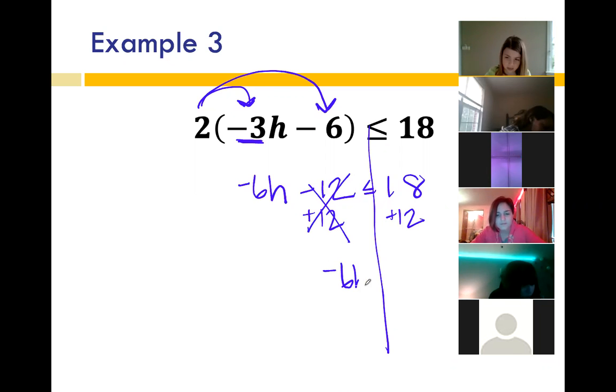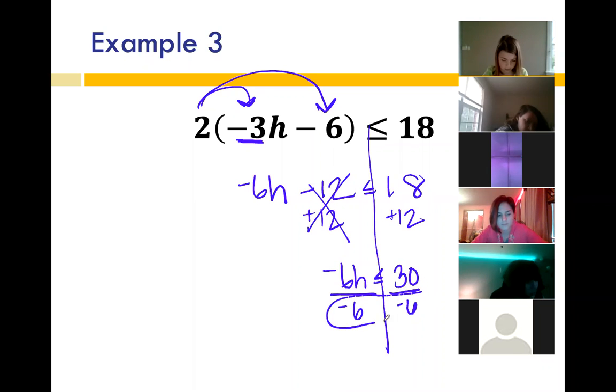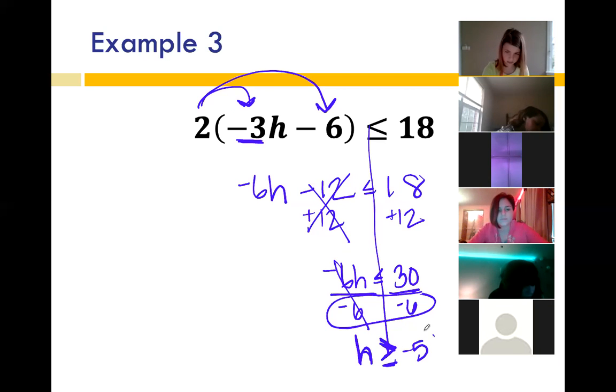Then you get -6h is less than or equal to 30. And when we divide both sides by a negative, here's where the flip happens. Since the 6 is negative and we're dividing by a negative, that's what causes the flip. So it becomes h is now greater than or equal to -5. That is our final answer.